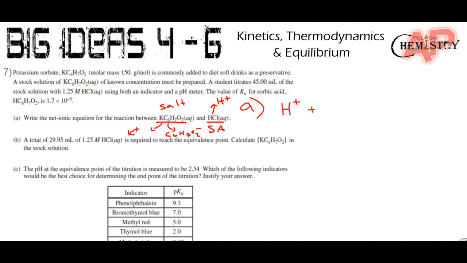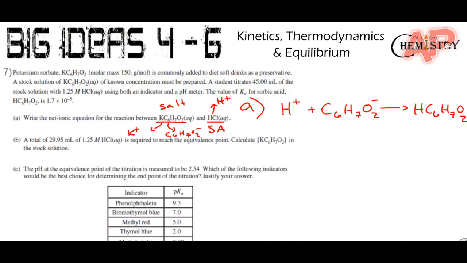So I logically think, what can bond or react or interact with my H+? Well, opposite charges. So I have to take the C6H7O2 minus ion. That must be what I have to grab. And then it's going to make the HC6H7O2, because that's how that interaction is going to go. So that would be my initial equation.